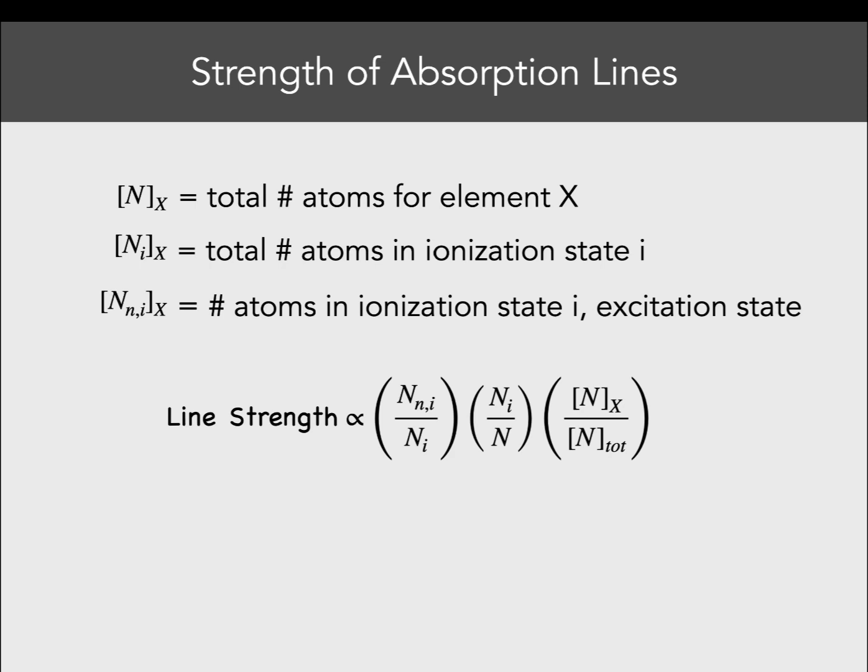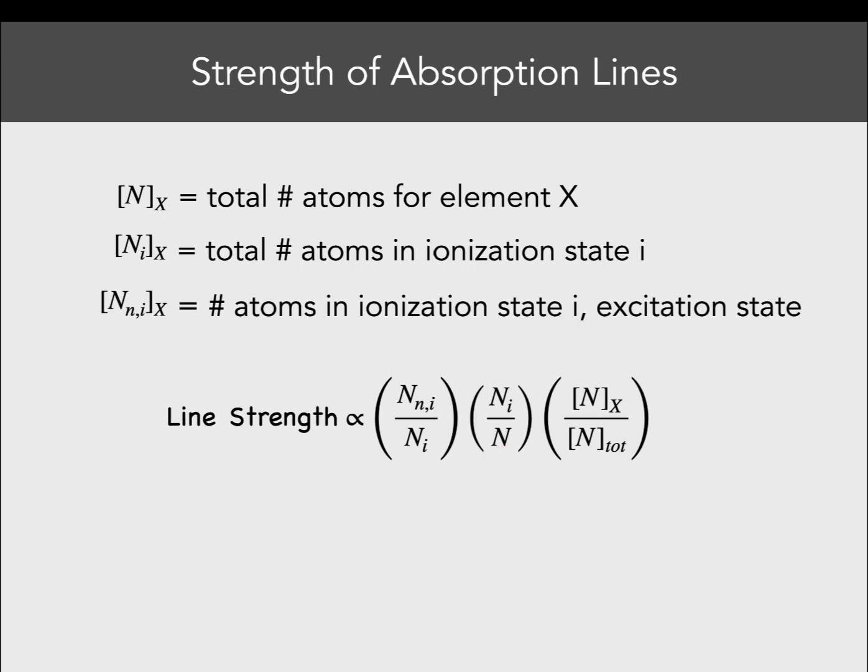Ultimately, the line strength depends on this quantity right here. It depends on the atoms being in the right ionization state and in the right excitation state. But we're going to break this apart. So this first term is the number of atoms in the right ionization state and in the right excitation state, the ratio of those to just the number of atoms in the right ionization state.